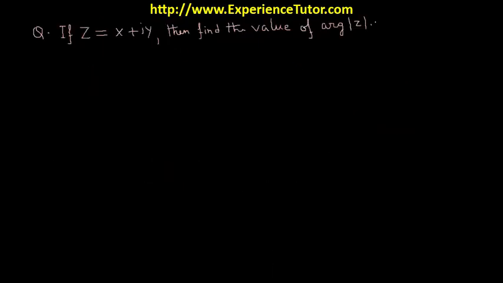Our next question is, if z is equal to x plus iy, then find the value of the argument of modulus z. As we know, the modulus of z is greater than or equal to 0.